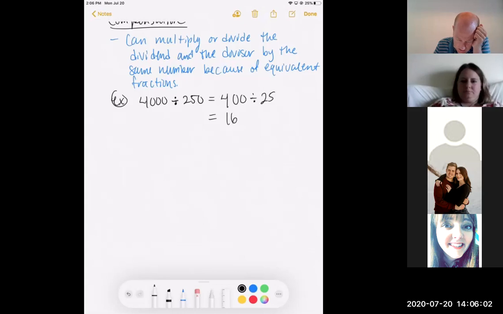Interesting. Let's see. Okay. We broke up the 400 into 4 times 100. And then we go 4 times 100 divided by 25.